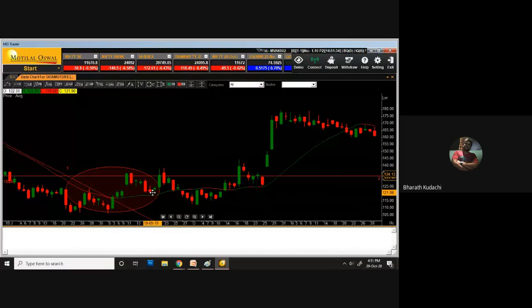So should I be waiting for my market value to come up again? No. As I told you, we should follow certain discipline rules to exit. Whenever we are entering into a market, we have to plan the exit also. That is our stop loss. So when I buy the share at 133 rupees, I'm going to put a stop loss at 130 rupees, maybe 3 rupees down.